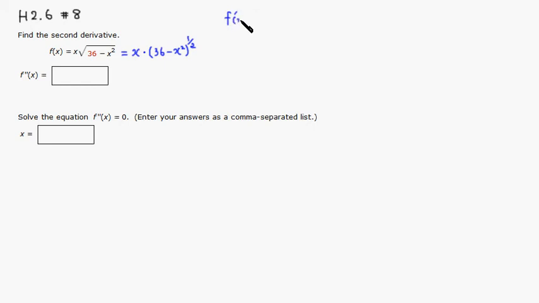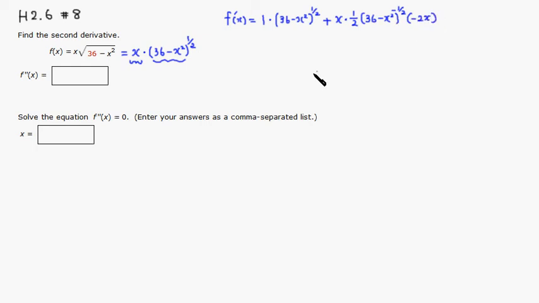We find f prime of x to be, right, the derivative of the first is 1 multiplied by the second, which is quantity 36 minus x squared raised to the 1/2 power, plus the first, which is x, times the derivative of the second, so 1/2 is in front, same quantity, 36 minus x squared, and subtract 1 from the power, so negative 1/2 power, then multiply by the derivative inside, which is negative 2x.